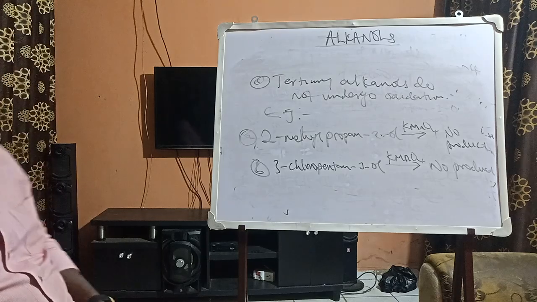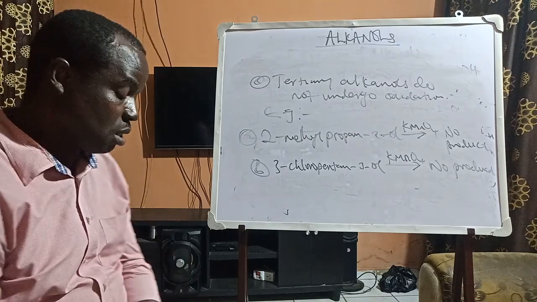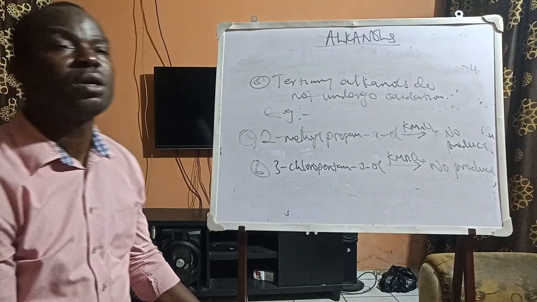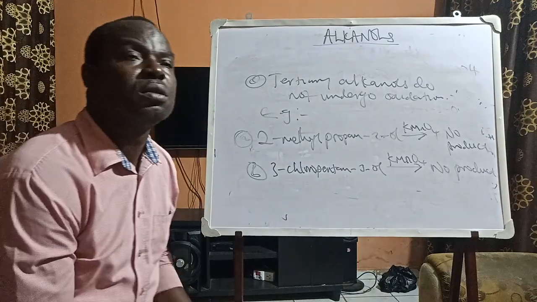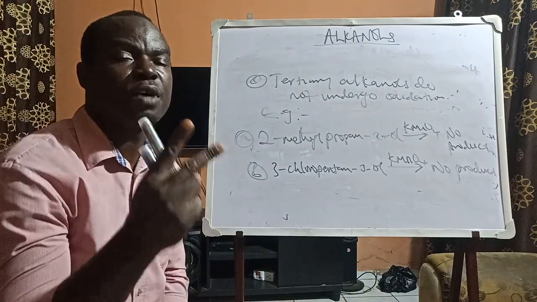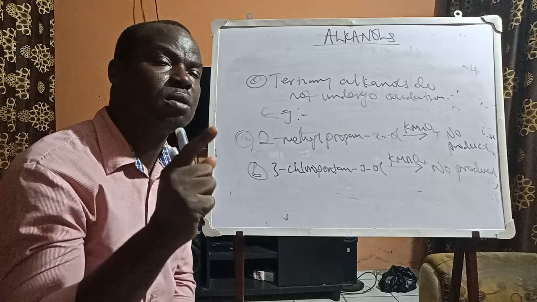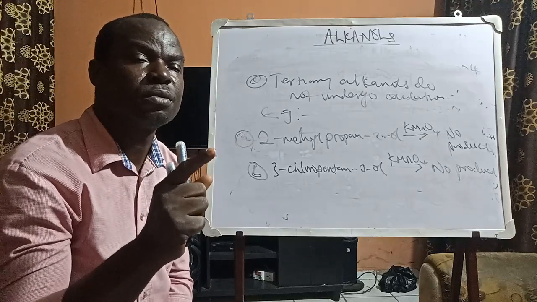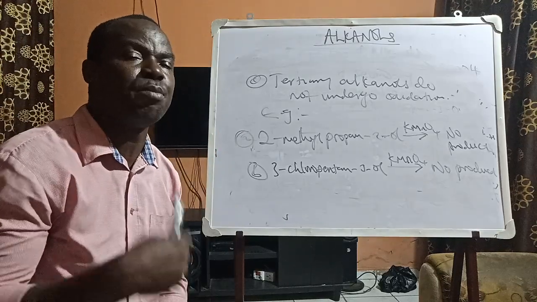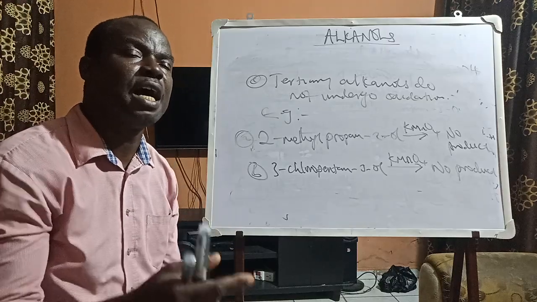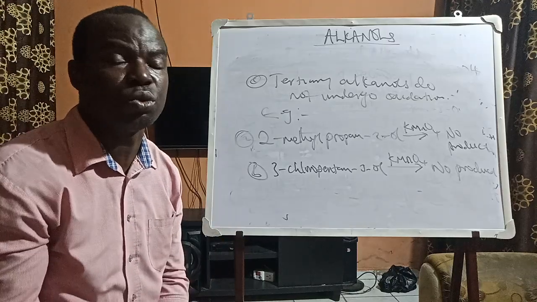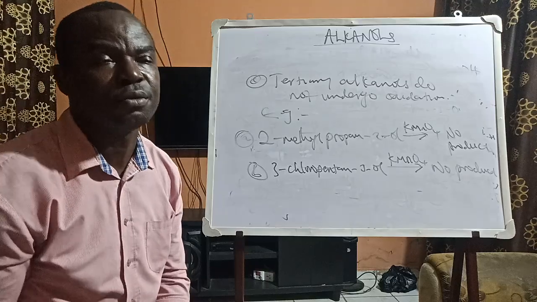So in this video we have talked about two properties of alkanols, which is boiling points, that they have high boiling points because of the hydrogen bonding due to the hydroxy group they have.